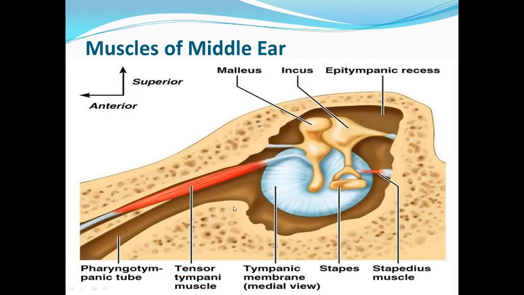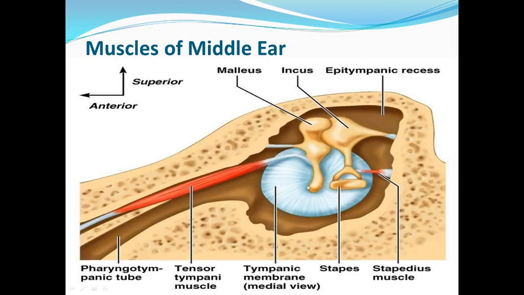Now, moving on to the muscles of the middle ear. As I have already told you, there are two muscles, the tensor tympani and the stapedius. What is the function or utility of these two muscles in the middle ear? Both these muscles act simultaneously to damp down the intensity of high pitched sound.